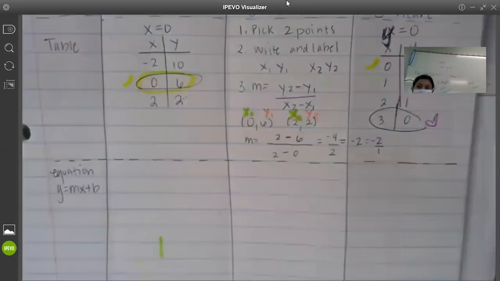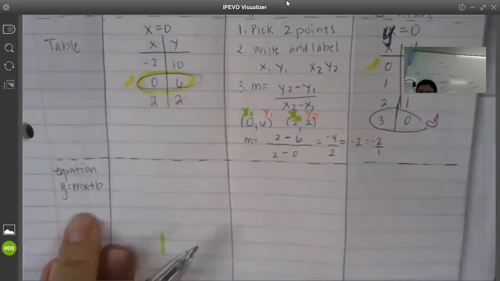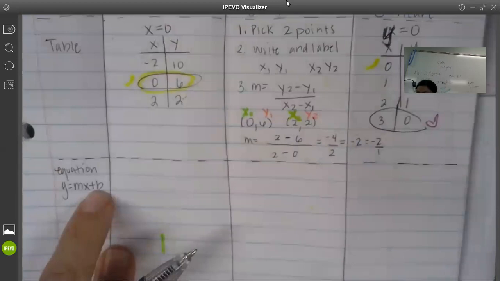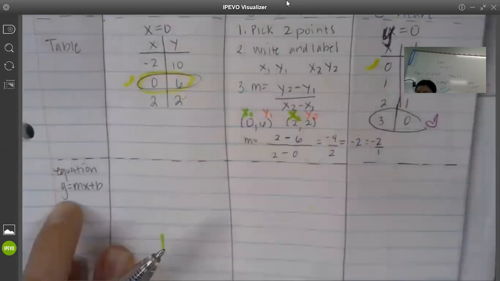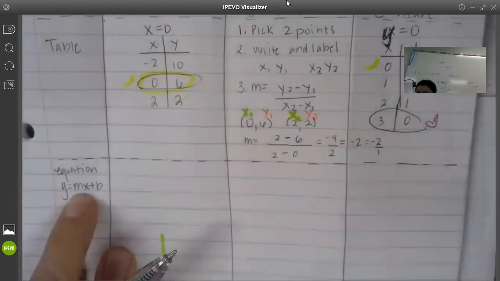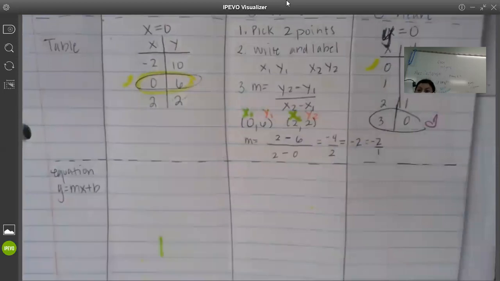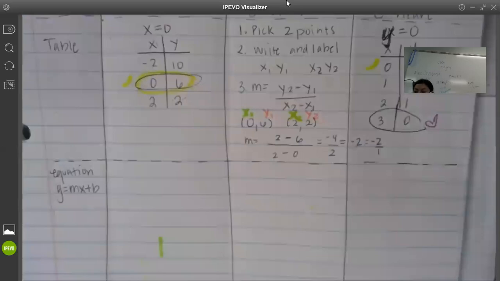We'll work on it this upcoming week. So the y-intercept is the b. Notice that this one has a letter y, this one has a letter x. The b is not going to have any coefficient. It's not going to have the x or the y. B stands for a number. It's just going to be the number without x or y.